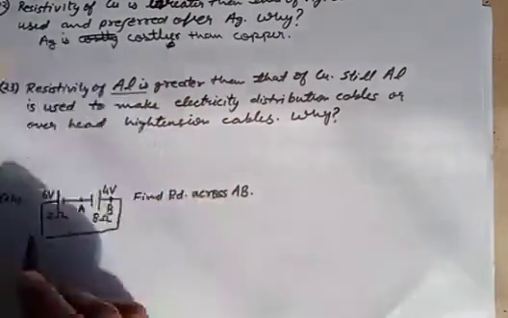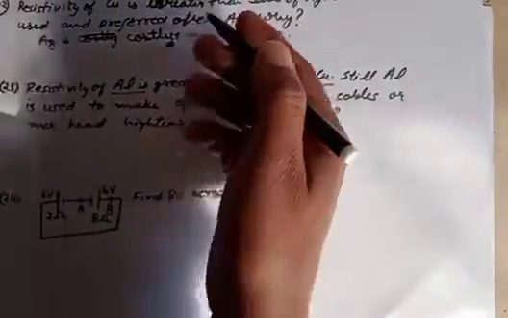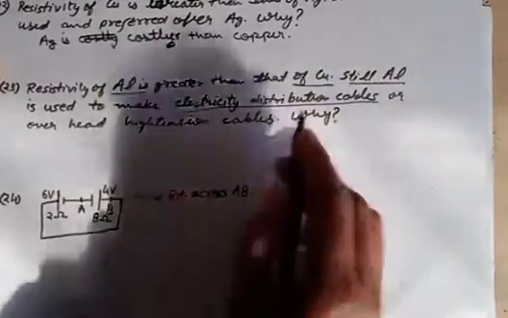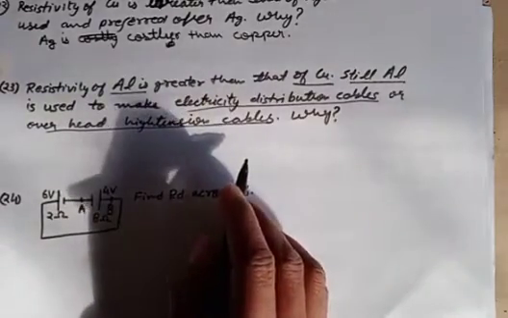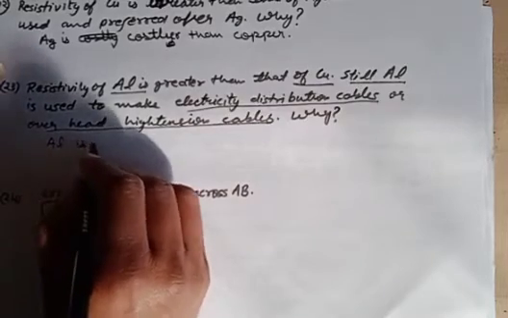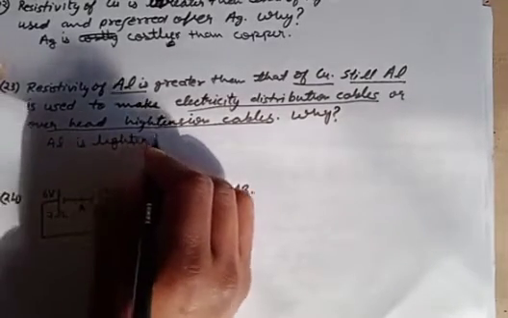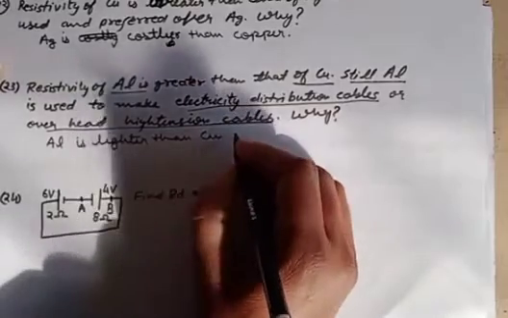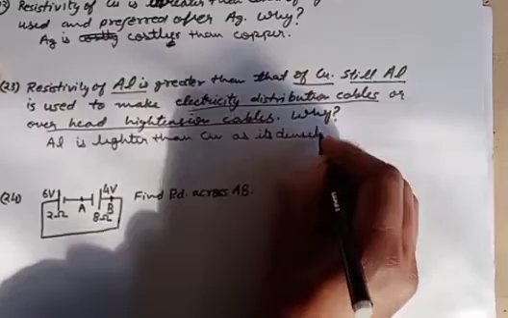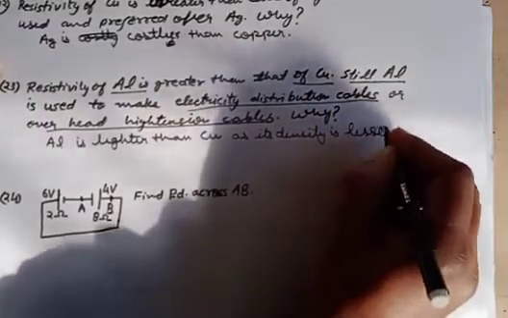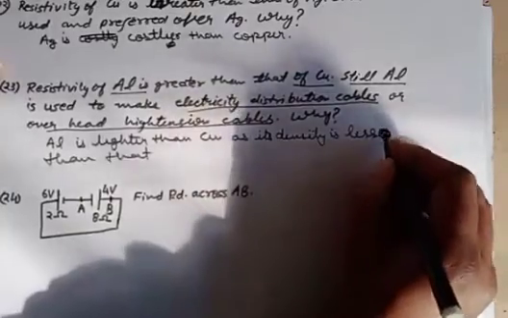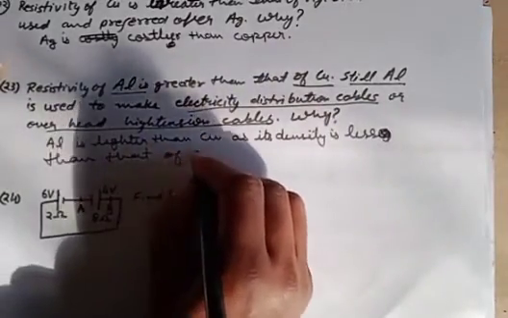The resistivity of aluminium is greater than copper. Now, another contrast to this, another question came. Still, aluminium is used to make electricity distribution cables or overhead high tension cables. Why? The reason is aluminium is lighter than copper, as its density is less than that of copper.